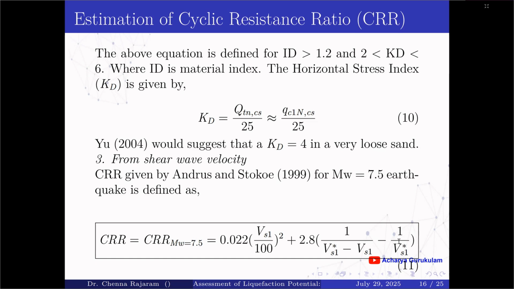Next, the fourth case is from shear wave velocity. CRR given by Andrus and Stokoe in 1999 for Mw equal to 7.5 earthquake is defined as CRR is equal to 0.022 multiplied by (VS1 divided by 100) whole square plus 2.8 into (1 divided by (VS1 star minus VS1) minus 1 by VS1 star).